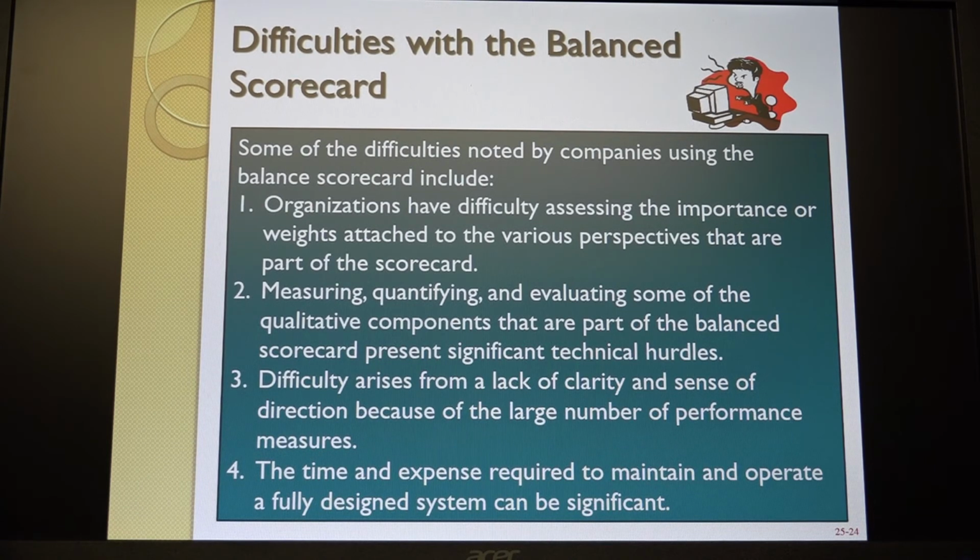And difficulty arises from a lack of clarity and sense of direction because of the large number of performance measures. And then the time and expense required to maintain and operate a fully designed system can be significant. One thing they can do is cut down on the number of strategies they have, and the objectives or the measuring sticks they use for those strategies.